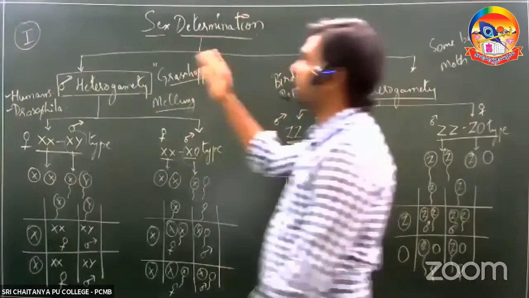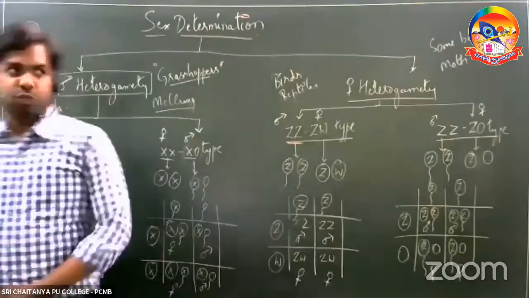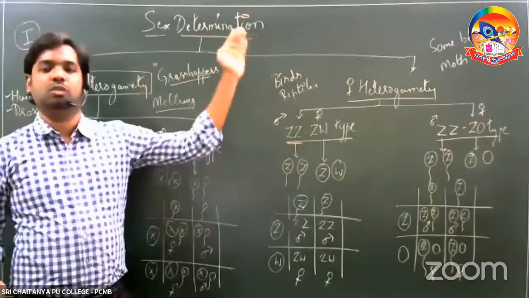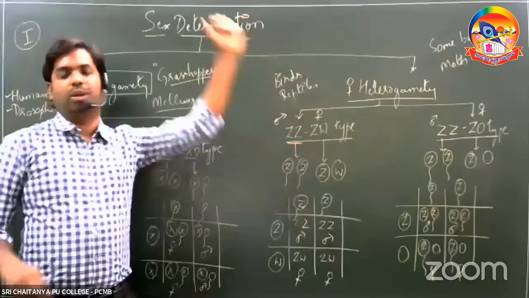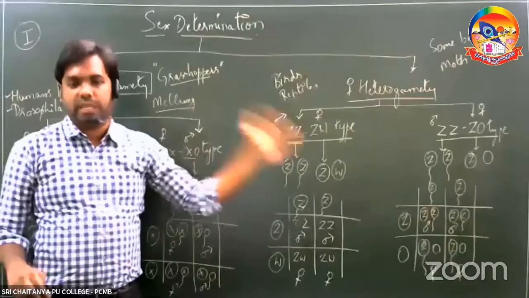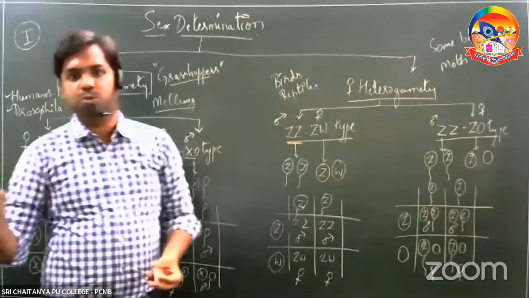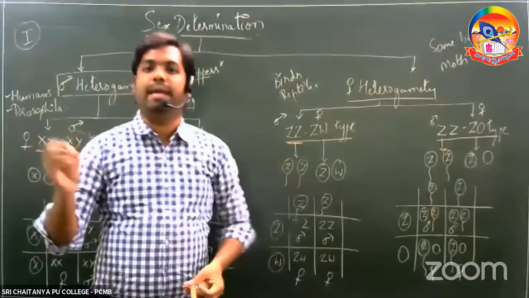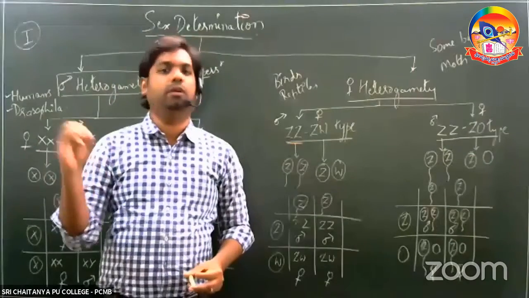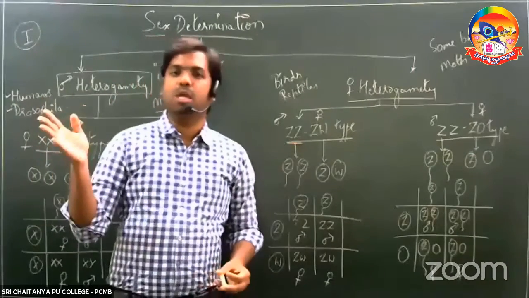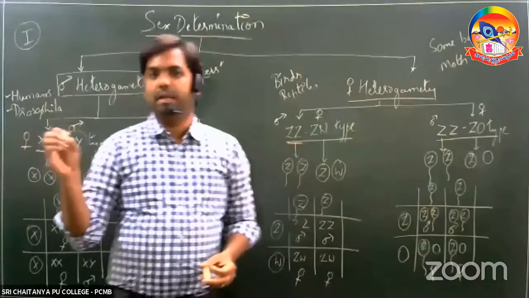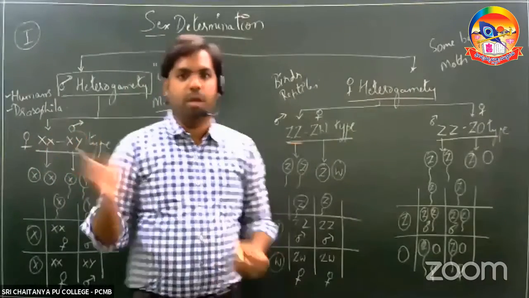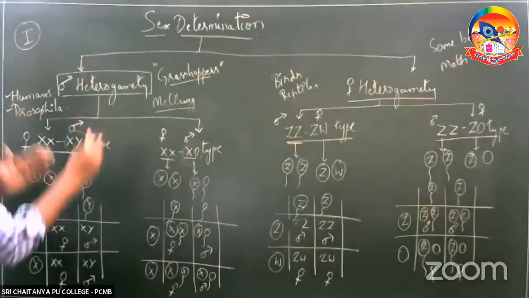So this is the first type of sex determination we have, called the chromosomal basis of sex determination. What exactly are we seeing here? The sex chromosomes, that is the allosomes, are completely involved in determining the sex of a particular organism, right? Under that, again, we had two different classes.